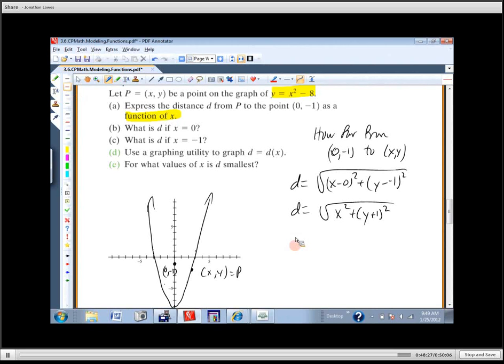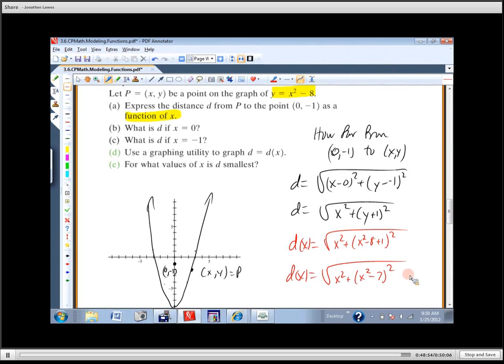So this problem is going to be, now I'm going to write d of x. X squared plus, in place of the y, I'm putting x squared minus 8 plus 1 quantity squared. Okay, I've accomplished my goal of getting it all in terms of x's, but let's clean this up a little bit further. This is going to be x squared plus x squared minus 7 quantity squared.